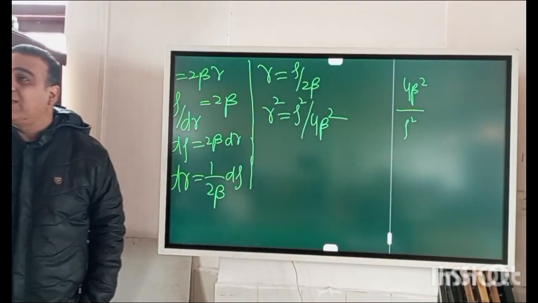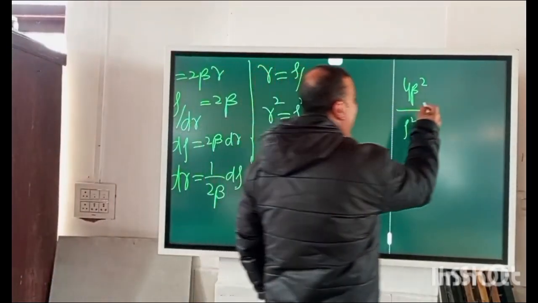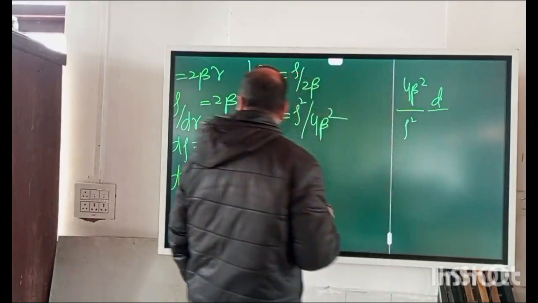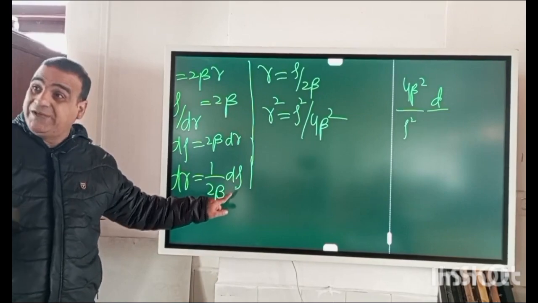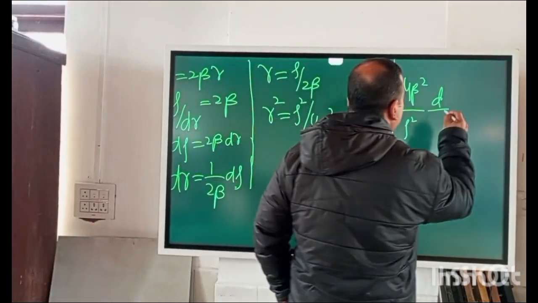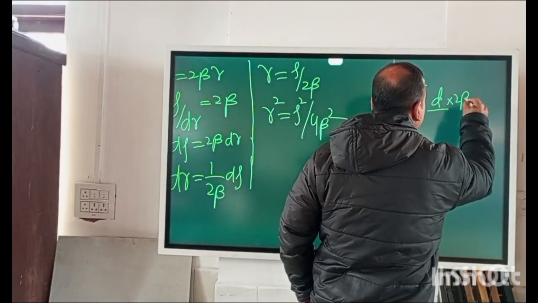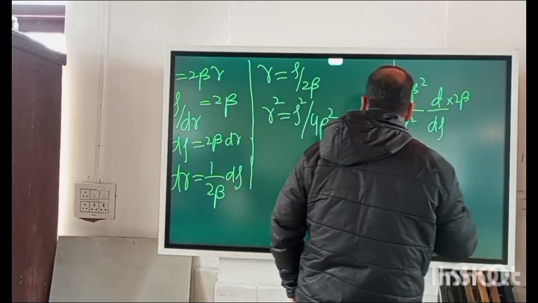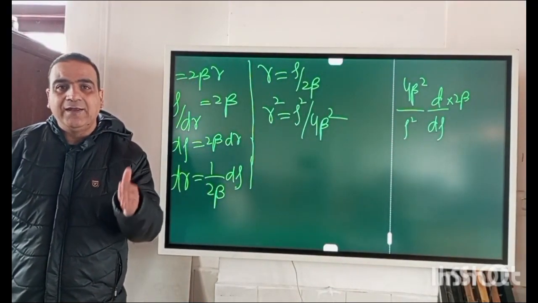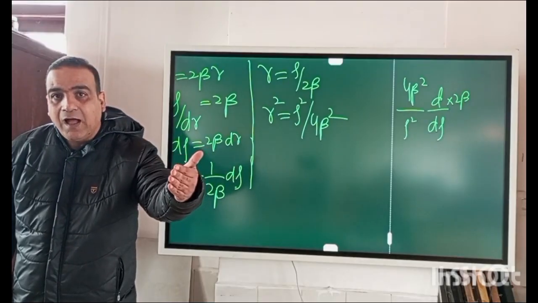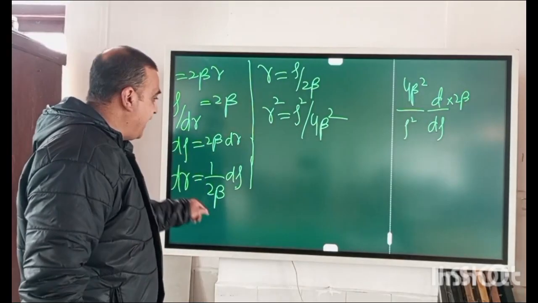Then what do I have? d by dr. But what is dr? It is 1 by 2 beta d rho. So 2 beta will go up. So here I will multiply by 2 beta divided by d rho. Then what is after that? d by dr of what? r square. What is r square?